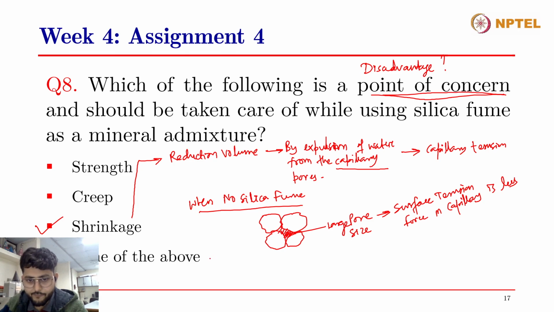But when silica fume is added, now what happens? Let us say these are the cement grains and these are the pores. And now the silica fume is also combined, constituting some of the volume of the pore size.